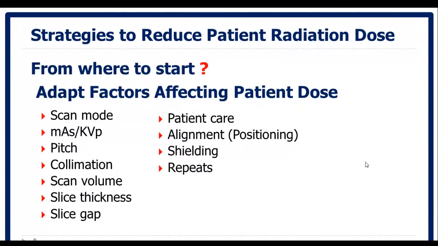Also, to start, we need to understand the factors affecting the patient dose, and these factors can be categorized into three: equipment factors, standards, and human factors. So there are factors related to the system itself, and there are factors related to the application of the procedure itself.